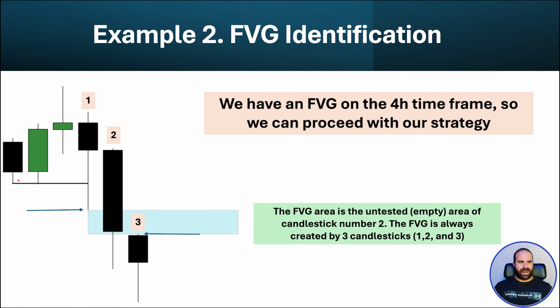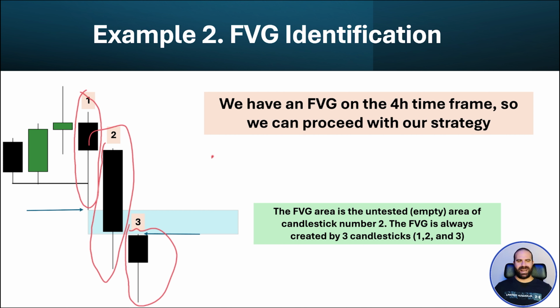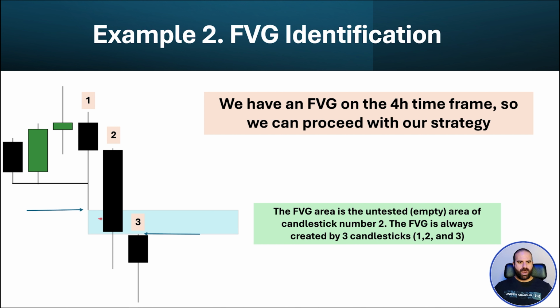After the break of structure, which happened with this candlestick, we have candlestick number 1, candlestick number 2, and candlestick number 3. Why did I put numbers on those candlesticks? Just for new guys, beginners, who cannot identify the fair value gap.